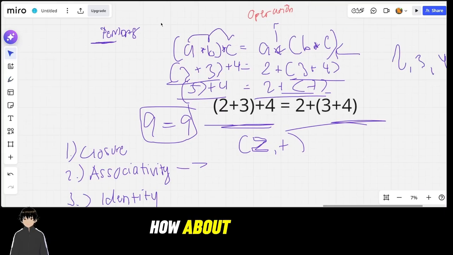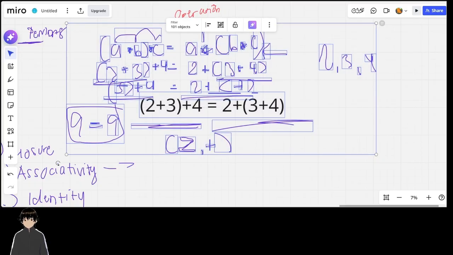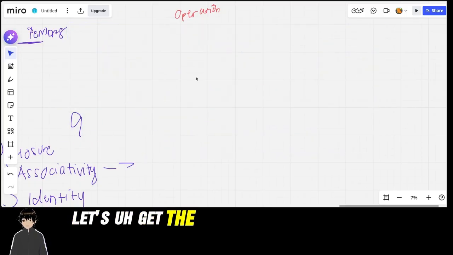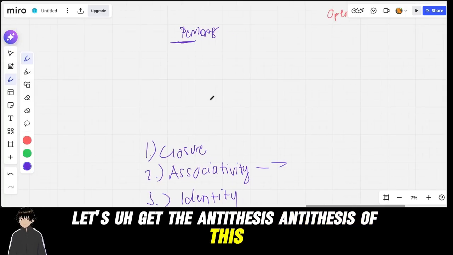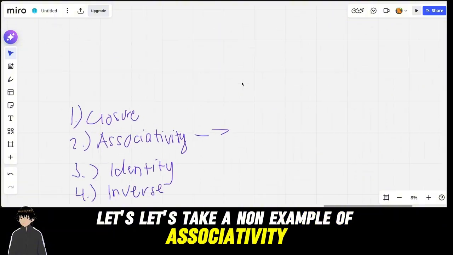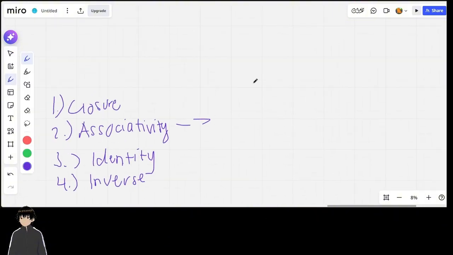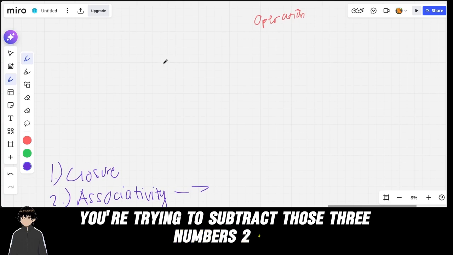Let's take a non-example of associativity. Let's say you're trying to subtract those three numbers, 2, 3, 4.